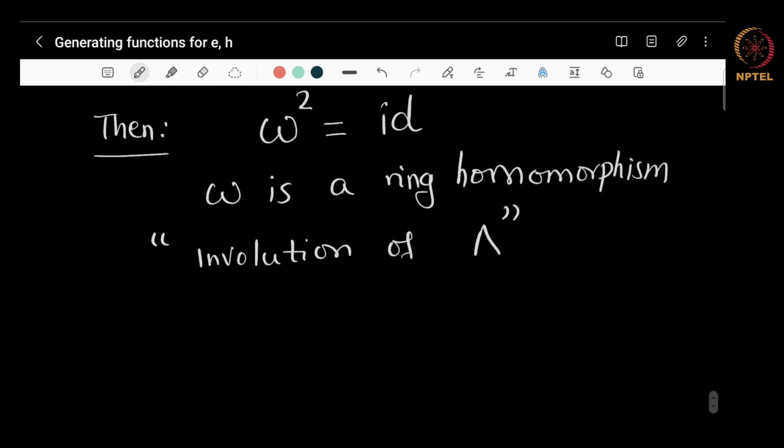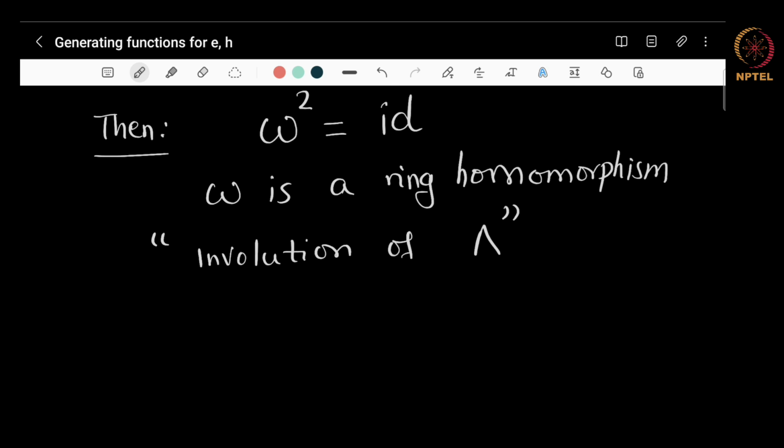And so this involution is often a formal way of going between e's and h's in various settings. So if you know something in terms of h's and you want to change it to e's, one thing we would do is apply the involution, and vice versa. Okay, good. So this is the statement about the involution itself.